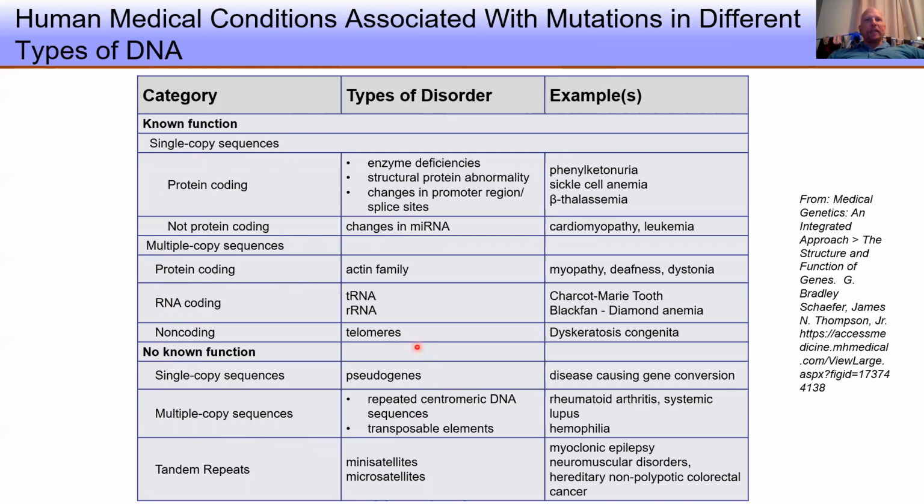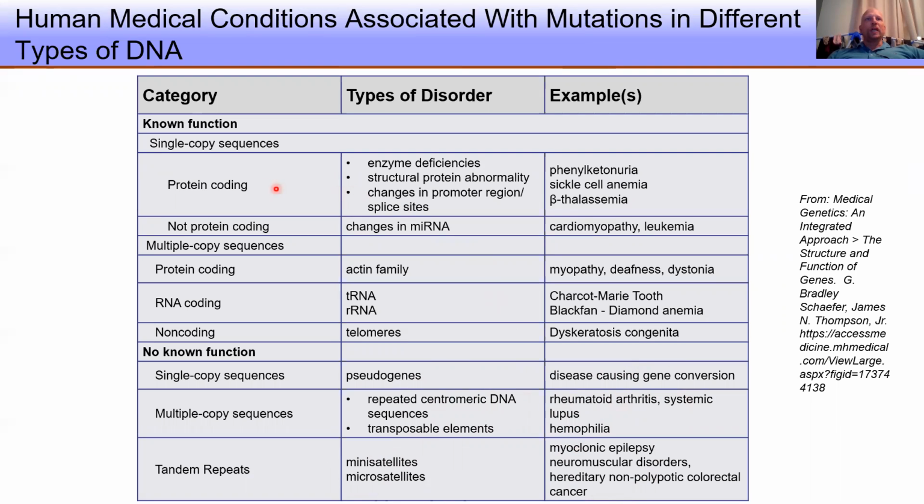Of course, down here we have our pseudogenes, and the process whereby you create a disease-causing gene can be called gene conversion. Then we have the centromeres, with additional diseases such as rheumatoid arthritis, lupus, a chronic inflammatory autoimmune disease, and hemophilia; transposons; and then the mini and microsatellites. We have a number of disorders here that can be associated with these.